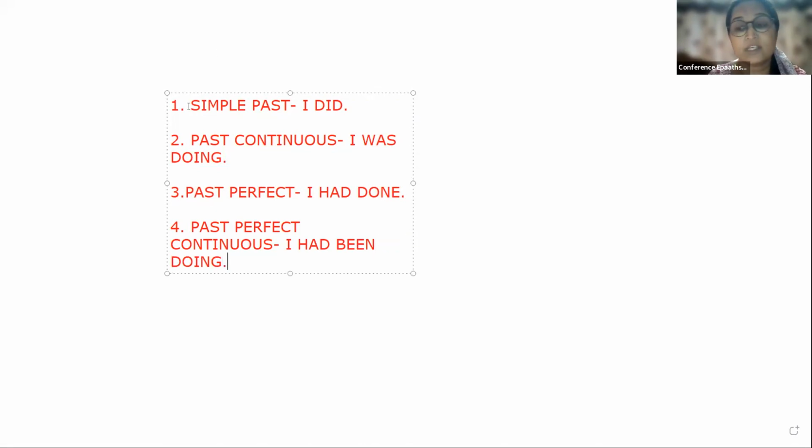so the same thing as present tense, like simple past tense, we just have to use the past tense of the verb form, that is did. In the past continuous, we cannot use is, am, are, but instead of that, we have to use was, were, because it is past continuous. So we have to write I was doing, you were doing, he or she was doing, like this.